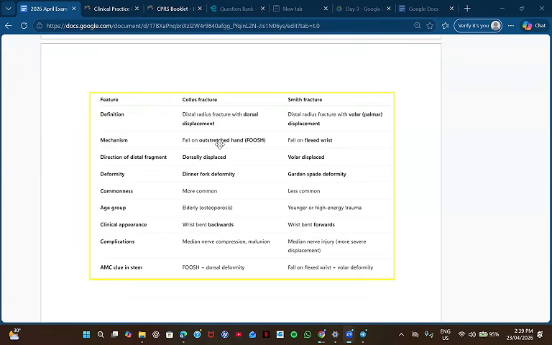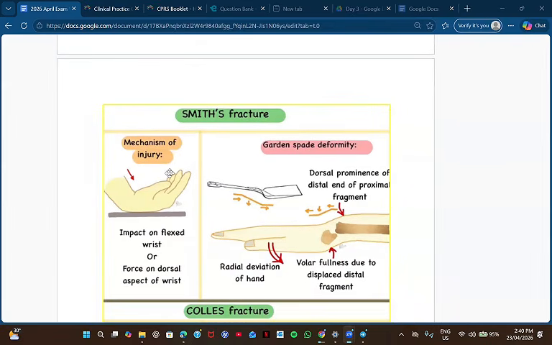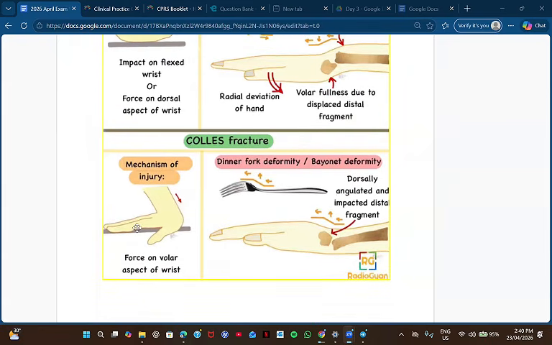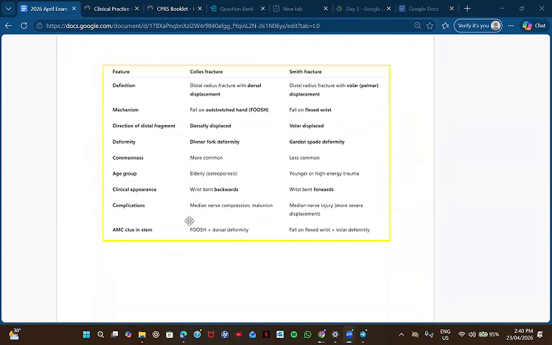Smith fracture is fall on a flexed wrist, usually impact on a flexed wrist. For the Colles fracture, the mechanism is outstretched hand.